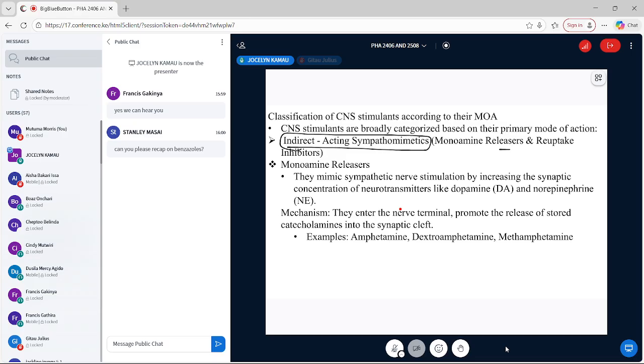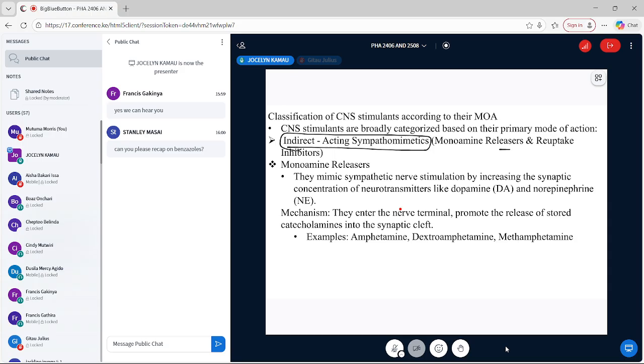And you also have the medullary stimulants, respiratory or medullary stimulants. You have been given quite a number of examples. We have doxapram, and ketamine, which do not have any clinical indication.